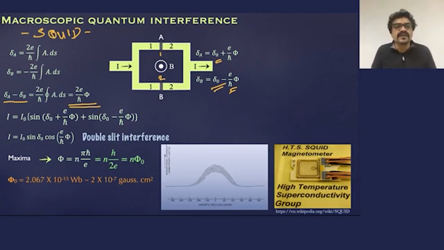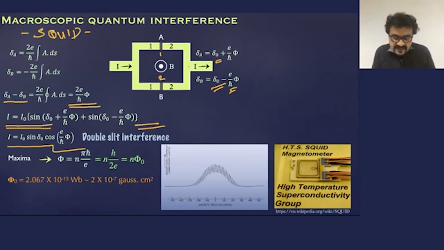And the current is a function of this phase difference. Because you have two paths, they can interfere at this point, and the overall current will be the sum of these two. You can simplify this, and you get a formula which looks like I0 sin delta 0 cos(e by h bar into phi).